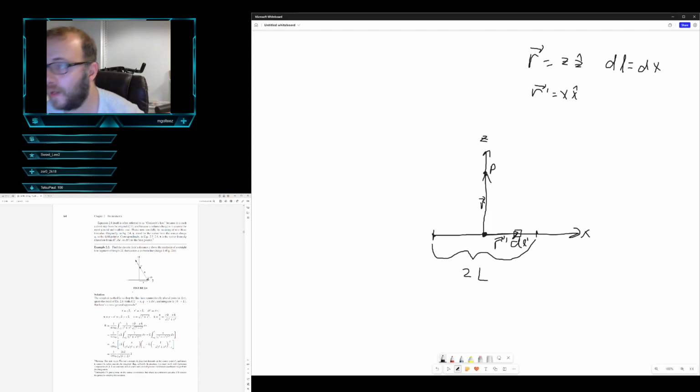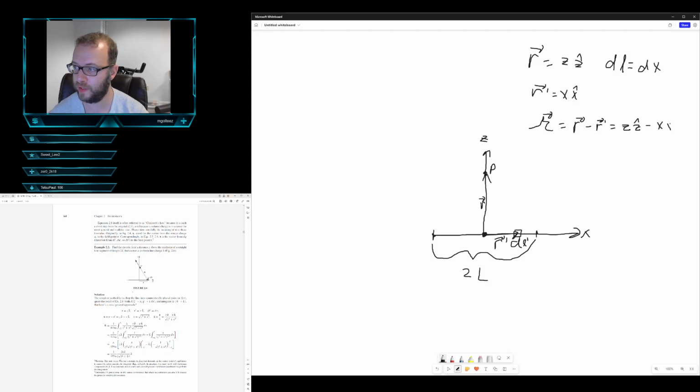Now we need to find out what our cursive R is, and our cursive R is equal to R minus R prime, which is equal to z hat minus x hat.